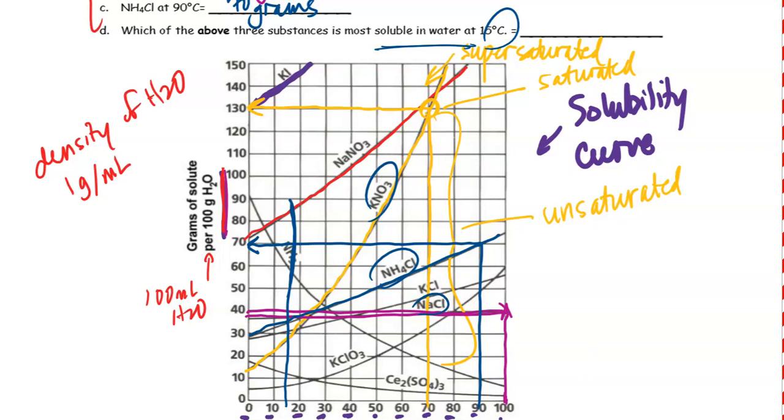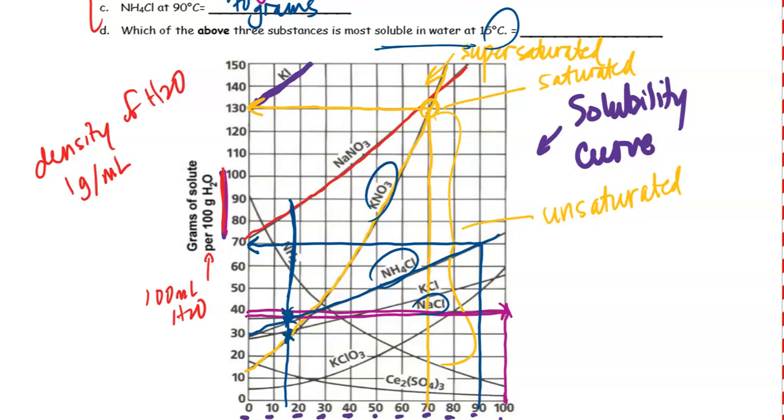And so they're asking at 15 degrees Celsius, which is the most soluble? And so notice that 15 degrees intersects the potassium nitrate trace there. It intersects the ammonium chloride trace here, and it intersects the sodium chloride trace essentially here.